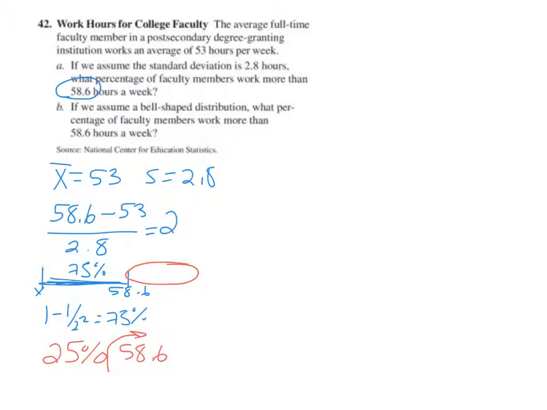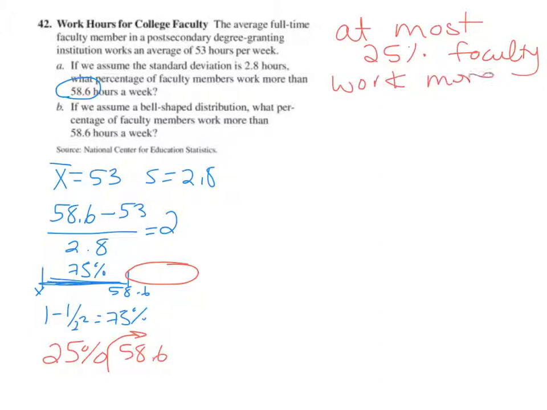So, at most, 25% of the faculty work more than 58.6 hours a week. Again, I figured that out using Chebyshev's because it didn't tell me anything about the distribution.